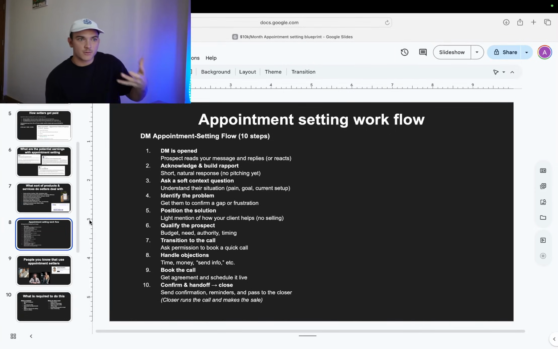So this is what I was saying, where you have to identify if someone is a good fit or not. If someone is a good fit, then you can help them with the solution, because the solution is what you're appointment setting for, right? But if you can't, you would disqualify them. So qualify the prospect: budget, need, authority, timing, like I was saying before. So let's say you've got a $15,000 offer, and let's go business management.